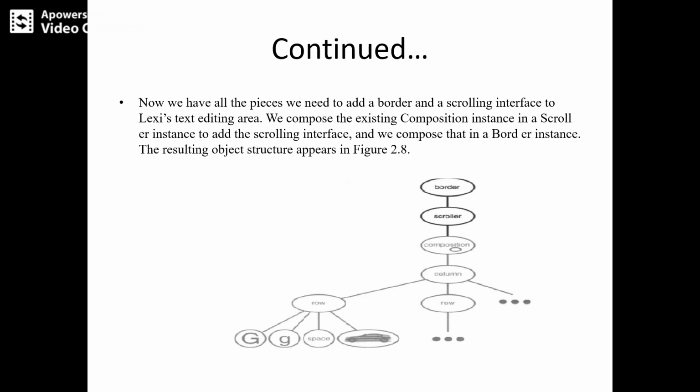Another note is that we can reverse the order of the composition. So it need not be the same order of operation here. We can reverse the order of the composition by putting the border composition into the scrollable or scroller instances. In that case the border would be scrolled along with the text, which may or may not be desirable for the particular task, but we can do it as a reverse order of the composition.